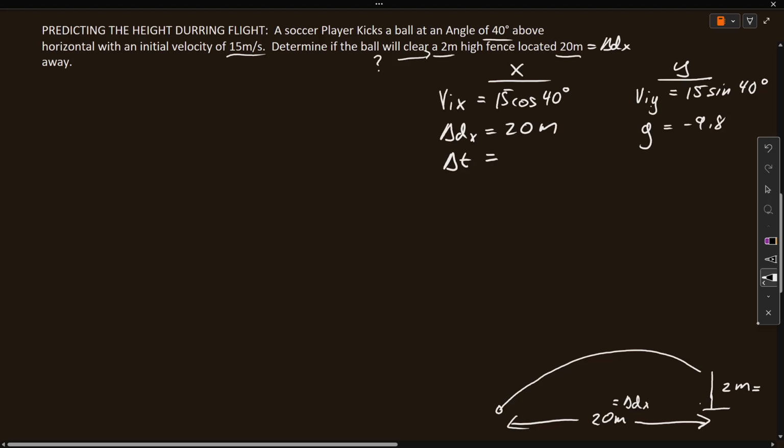This is a bit of an easier way because this is an easy formula. Remember, Vix is equal to delta dx over time.